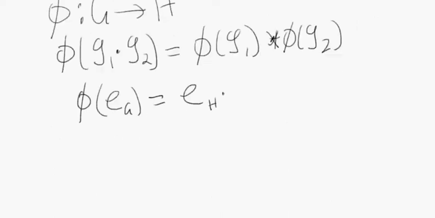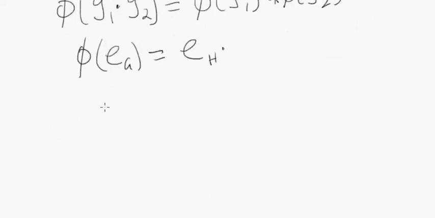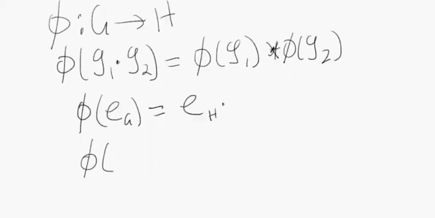Another thing that we note is about how phi takes every element. If you get an element of the group, let's say g1, you may want to figure out what g1 inverse is, but you're wondering what's the inverse of phi of g1.